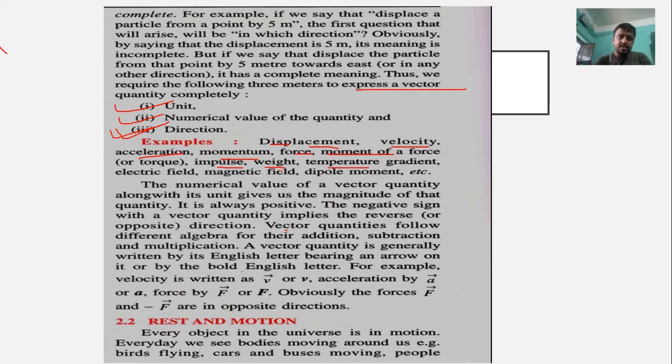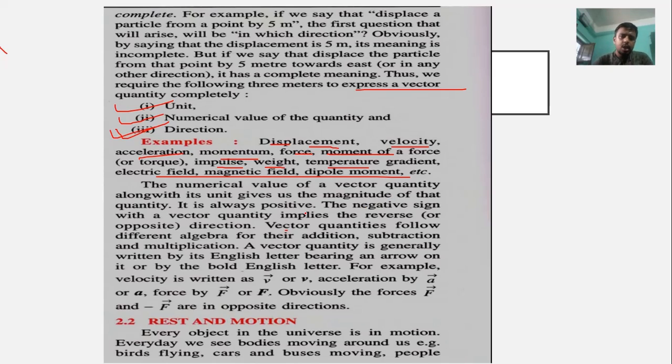If you are sending 15 kg of mass in the east direction, that will be considered as weight, not as mass. Then temperature gradient, electric field, magnetic field, dipole moment, etc.